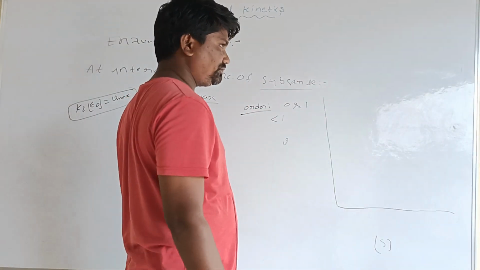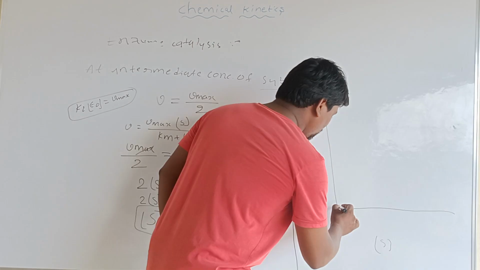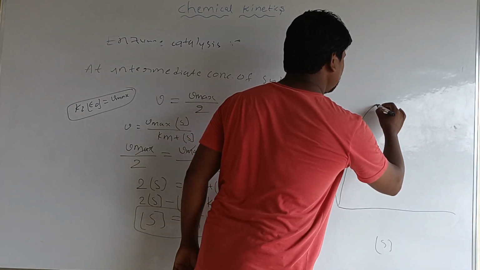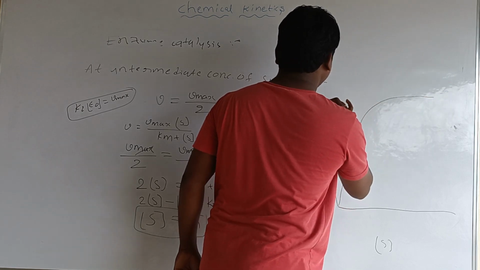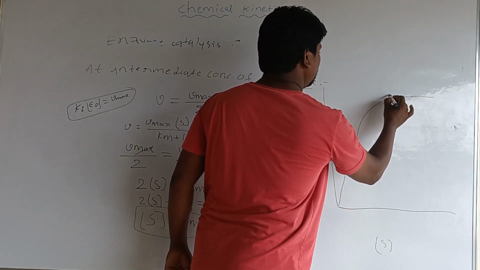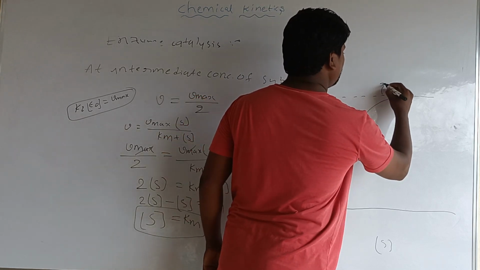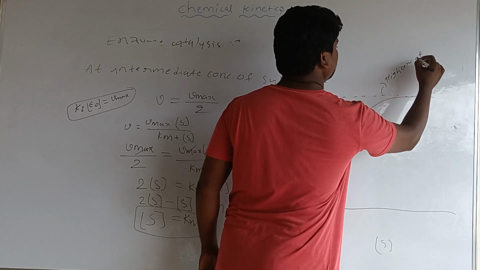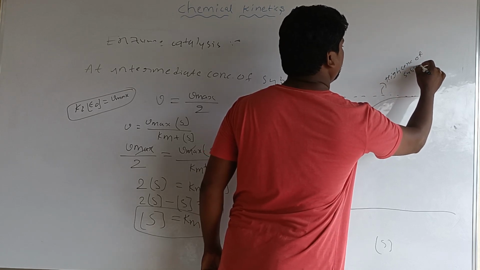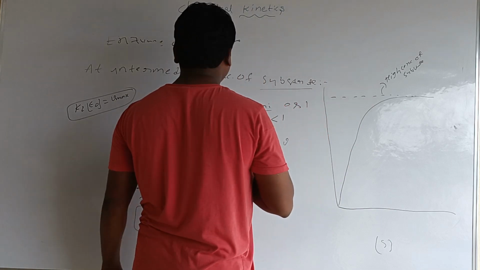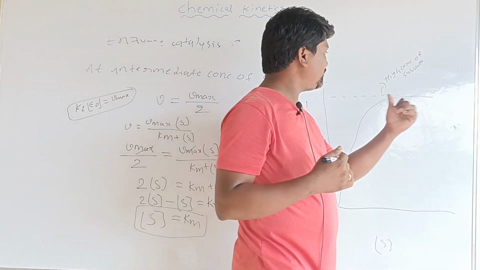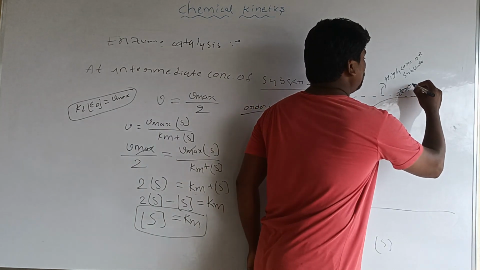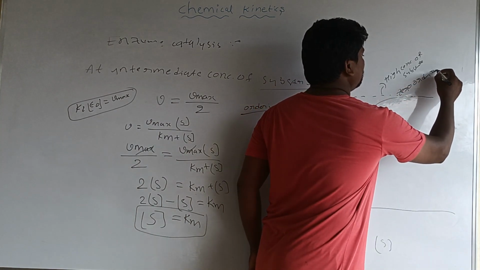Then the graph is like this way. Here this one belongs to high concentration of substrate. High concentration of substrate, we already discussed, is nothing but zero order reaction. Zero order reaction.